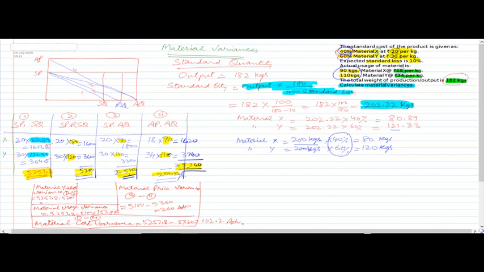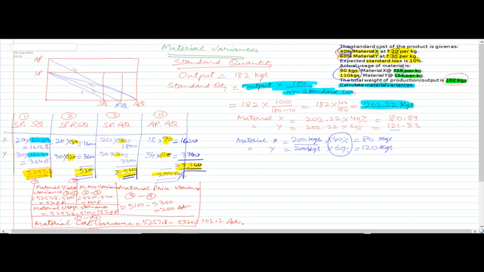It comes to be 57.8 favorable. And last is material mix variance. It is difference between second and third calculation, which is equal to 5200 minus 5100. This is 100 favorable. Because answer is positive, the variance would be favorable.